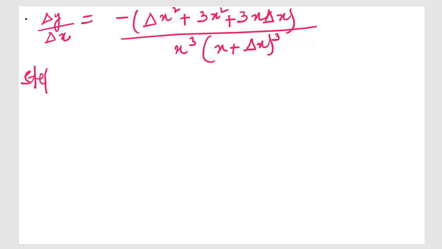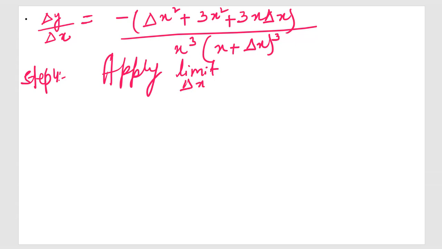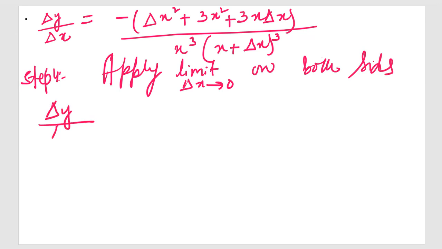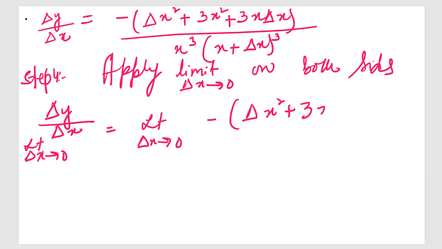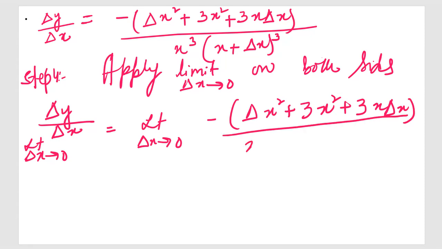Now is the final step, step number 4. What we have to do here is apply limit delta x tends to 0 on both sides. So see here, limit delta x tends to 0 of delta y over delta x is equal to limit delta x tends to 0 of negative delta x square plus 3x square plus 3x into delta x, divided by x cube into (x plus delta x) whole cube.